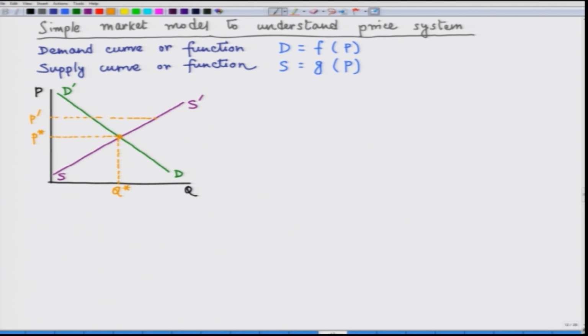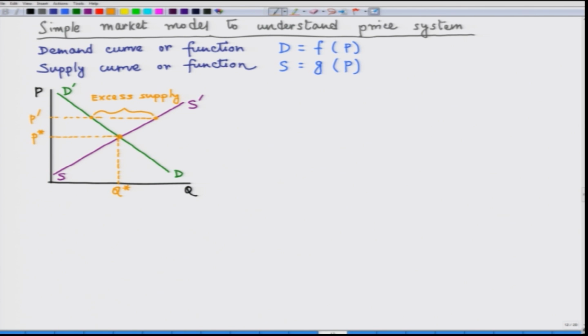Note that at this higher price P prime, there is excess supply in the market of this magnitude. This is excess supply, as there is a glut of supply in the market.